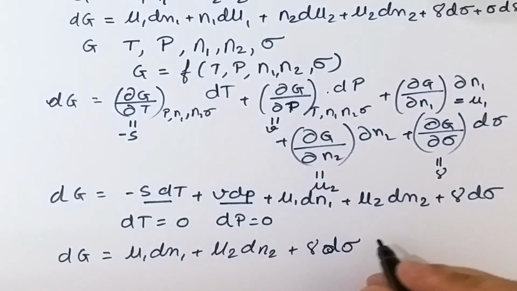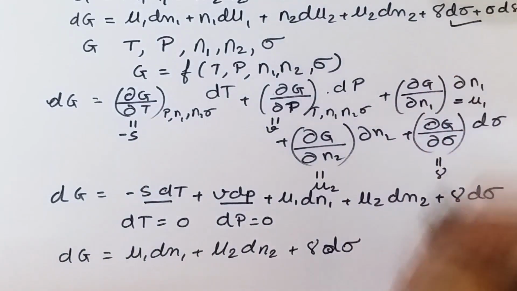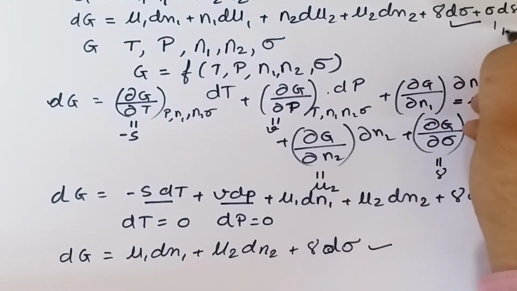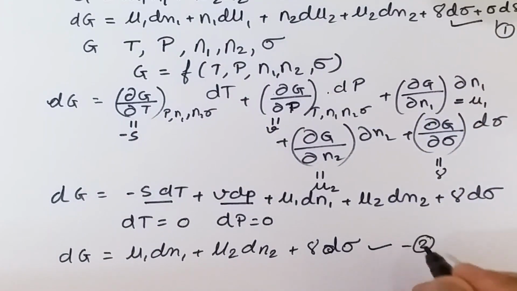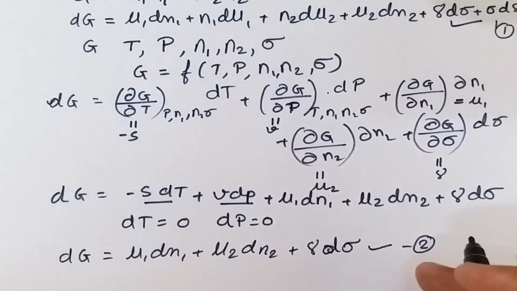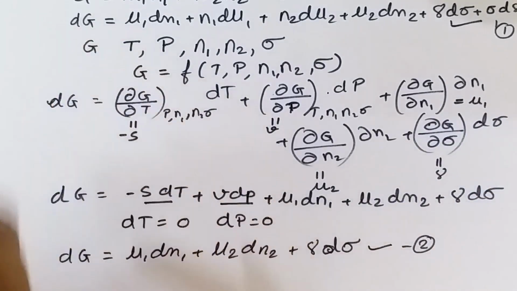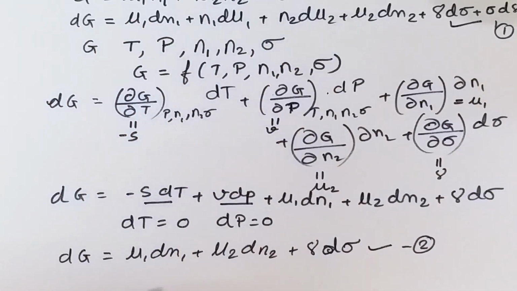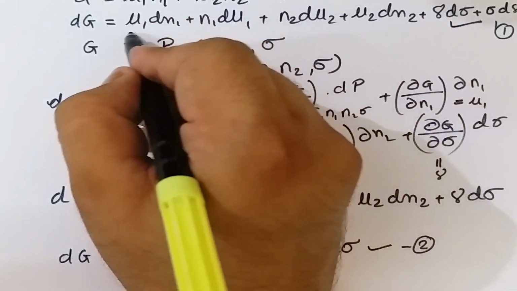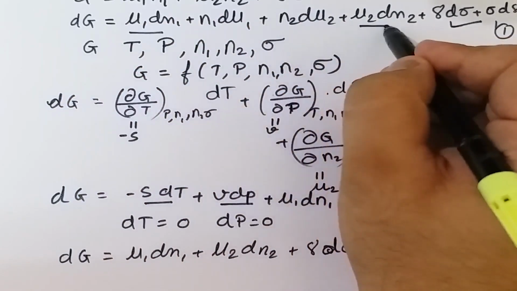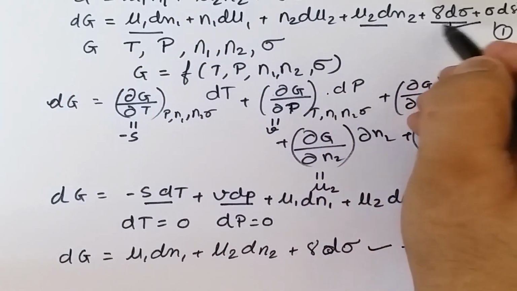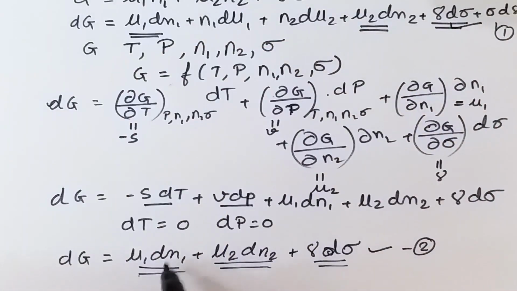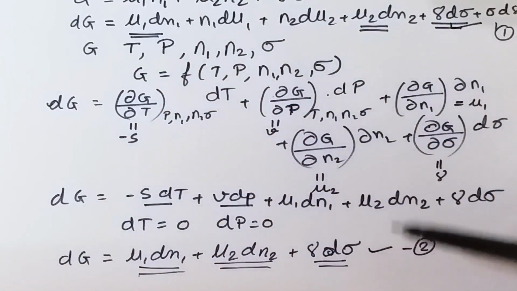Now further, suppose this is our expression number 1 and this is our expression number 2. When we compare expression number 1 and expression number 2, both are equal to dG, so both can be equated to each other, and the common terms, that is mu1 dn1, mu2 dn2 and gamma d sigma, are the same, and hence we can directly cancel out these three terms.